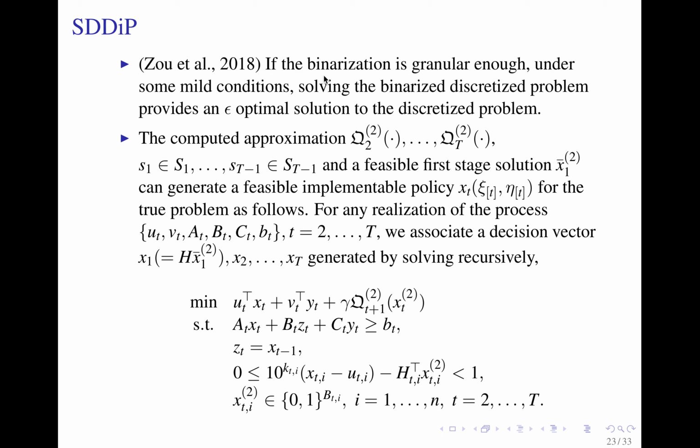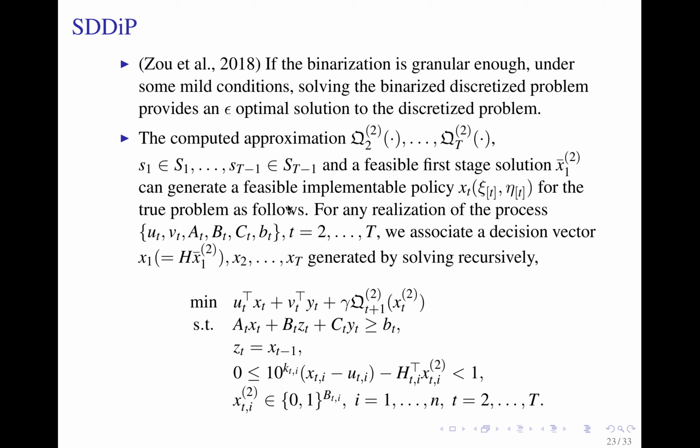Since the obtained policy is in a binary space, we need to revert the policy into the original space. How do we do that? The basic idea is to find the closest binary representation and then use the cutting planes at that binary point. All right?